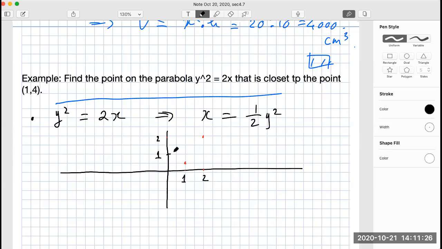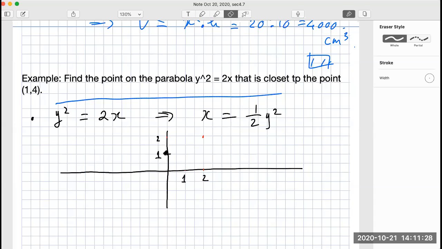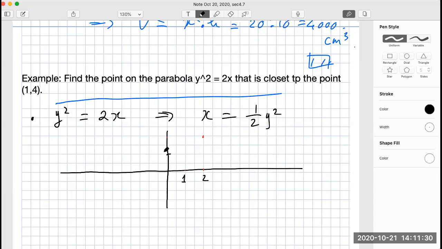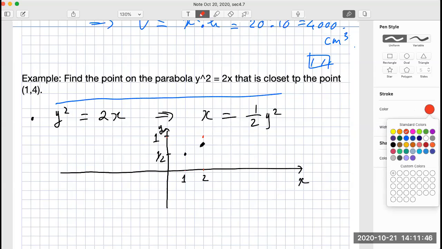Okay, let me write it this way. 1 and 2, 1/2, and 1 here. At 1 it is 2. At 1 it is 1/2.